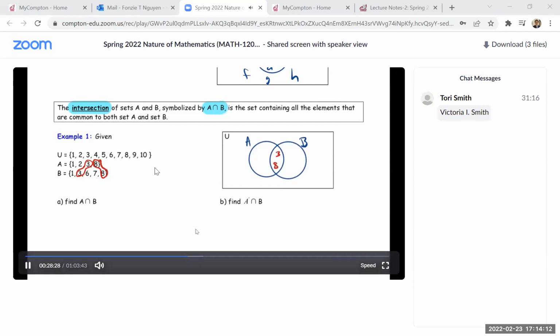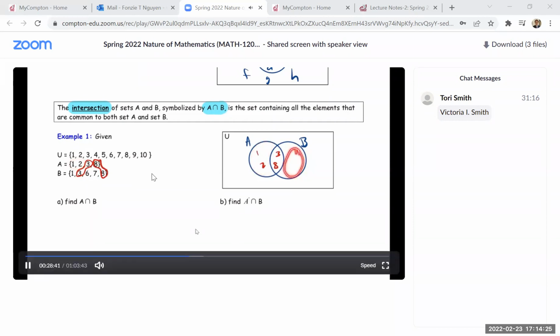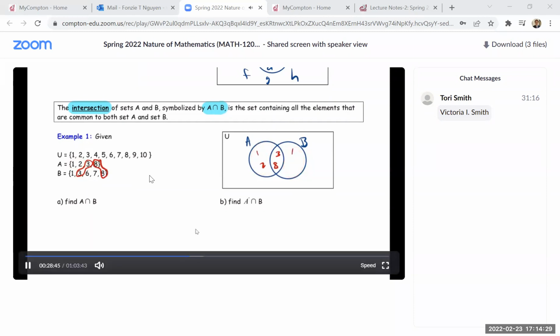And then what should I put in this region? 1 and 2. Just 1 and 2. And then what should I put in this region? 1, 6, 7.